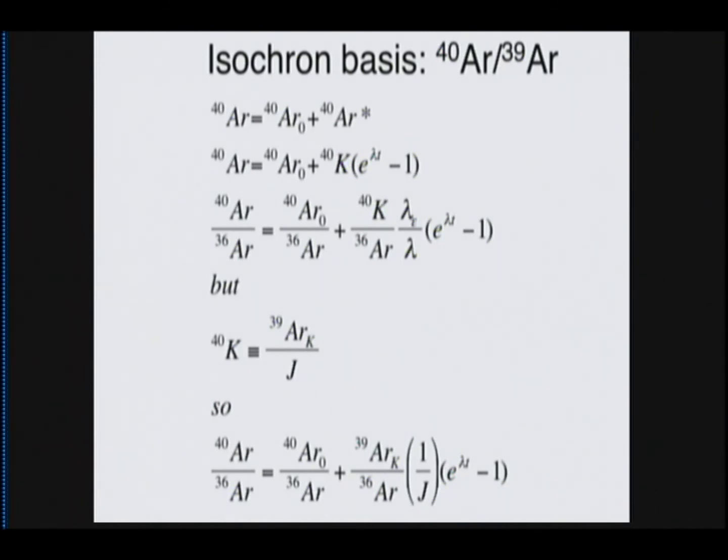And now we're going to substitute in this definition of J for K-40. And so this is what the isochron equation looks like. And so once again, this is the equation of a straight line with an intercept being the argon-40/36 initial ratio and the slope being this combination parameter here.